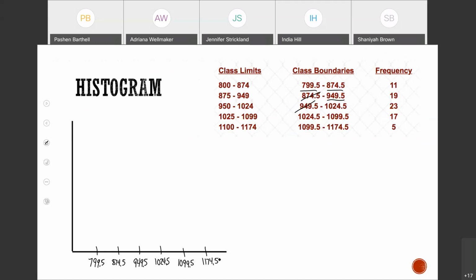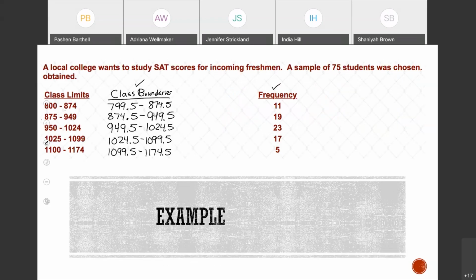All right, we need a label on the bottom. I don't want to write class boundaries because if I put class boundaries down there, the person who's looking at my graph has no idea what the graph is referencing. Doesn't know if it's weights or heights or whatever the case may be. So I need to be more descriptive than that. I'm going to go back to the problem just for a second.